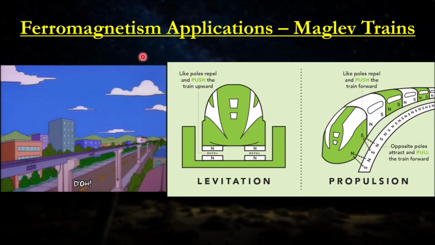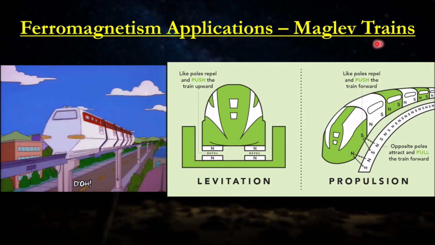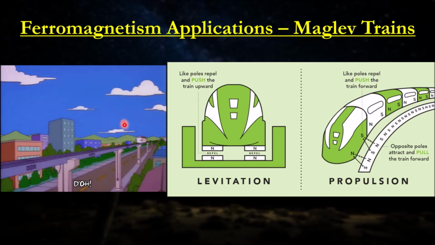So let's have a look at where ferromagnetism can work. Where can we magnetize things to cause applications? The first one we have is the Maglev trains. You might remember this from The Simpsons. The idea is very simple.